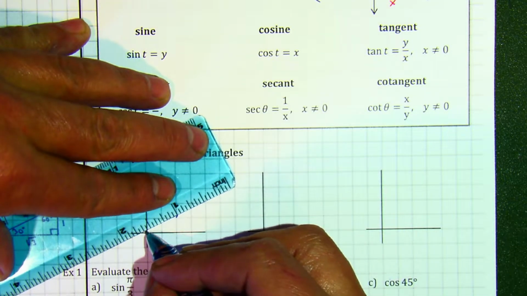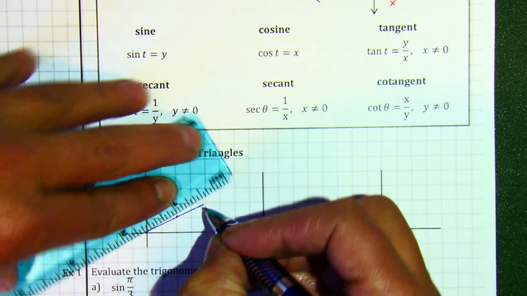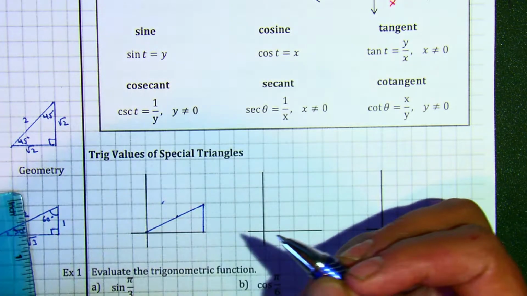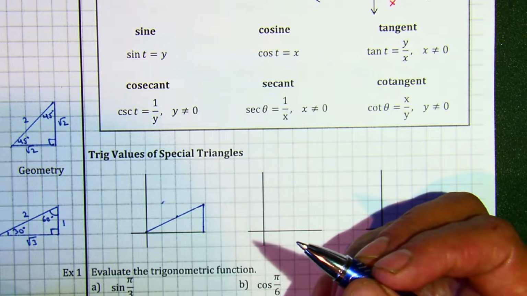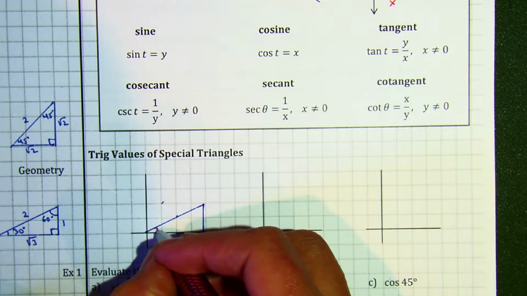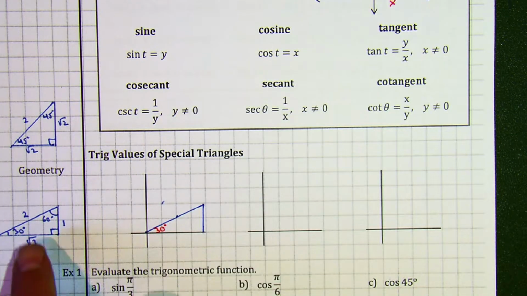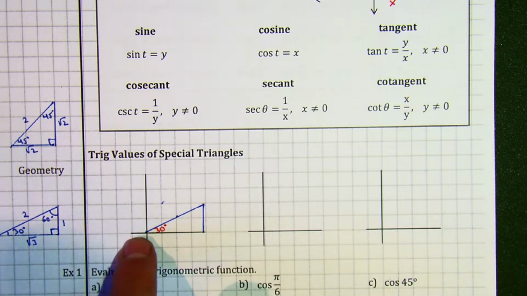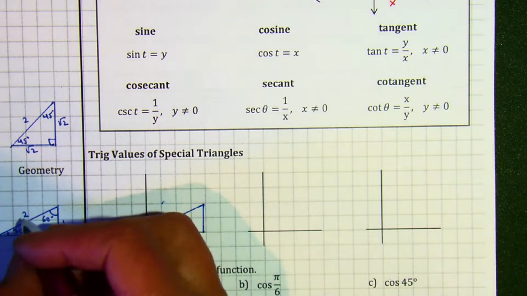So therefore, this will be my 30-degree triangle. And this is 30 degrees. But instead of being 2, square root of 3, and 1, this is going to be a unit circle, so I'm going to divide each one by 2.